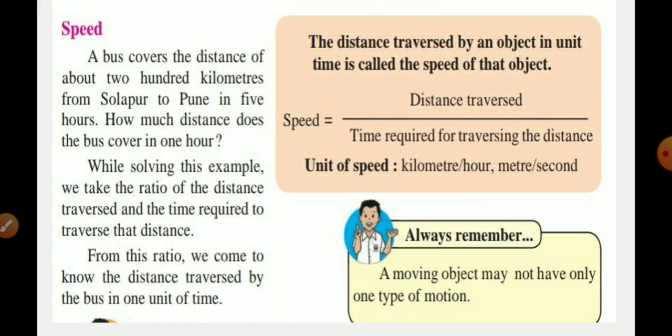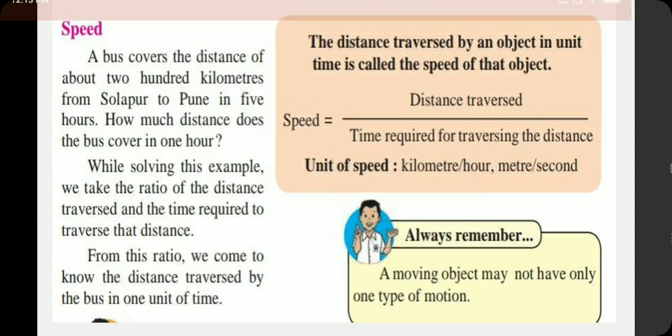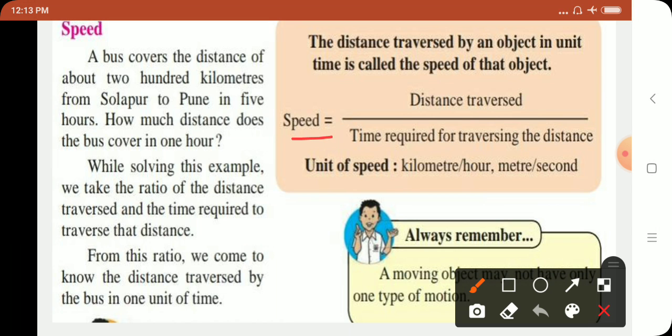What is the formula to calculate speed here? Speed is equal to distance traversed divided by time required for traversing the distance.